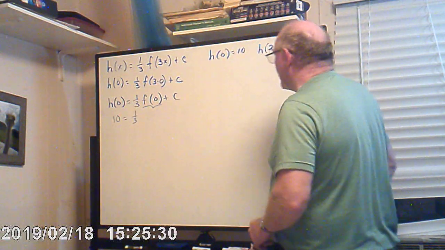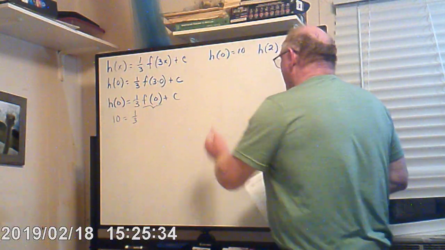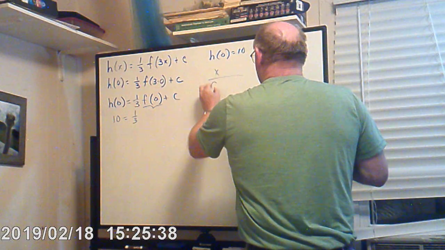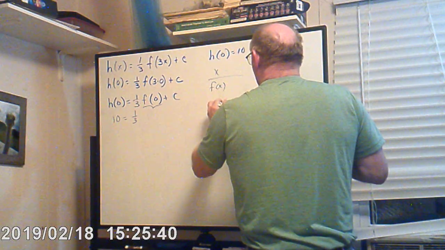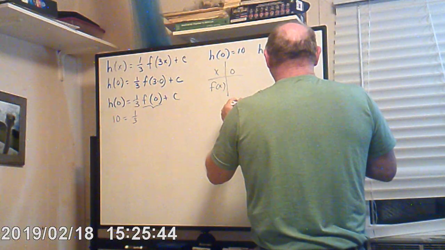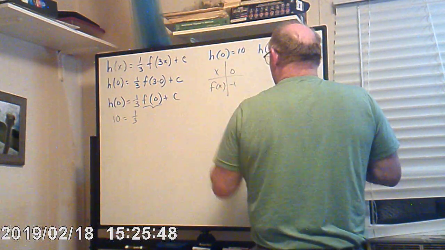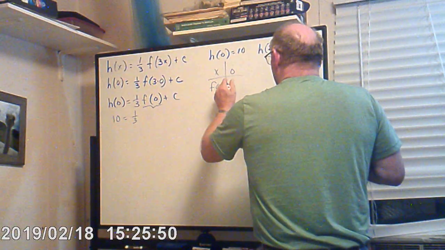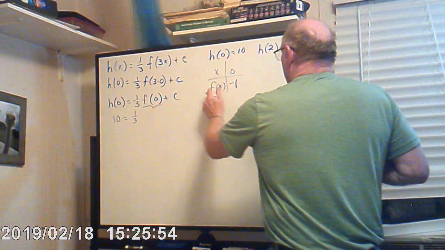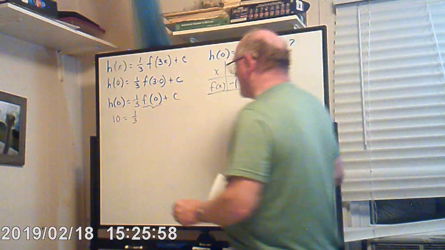I don't think I'm going to need f prime at x. I know from the table, and I don't want to flip this board back over, that f at 0 is -1.